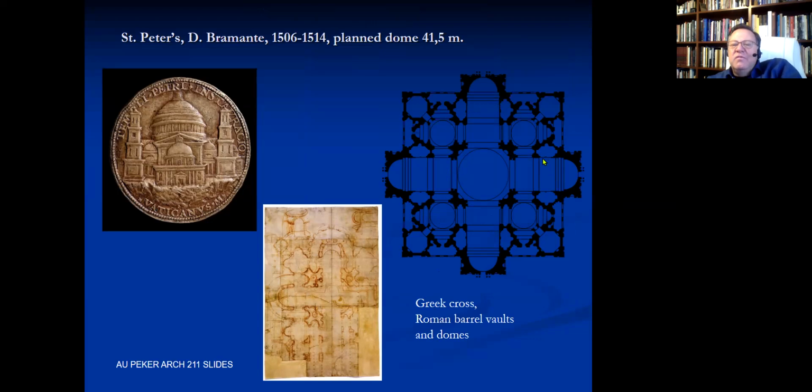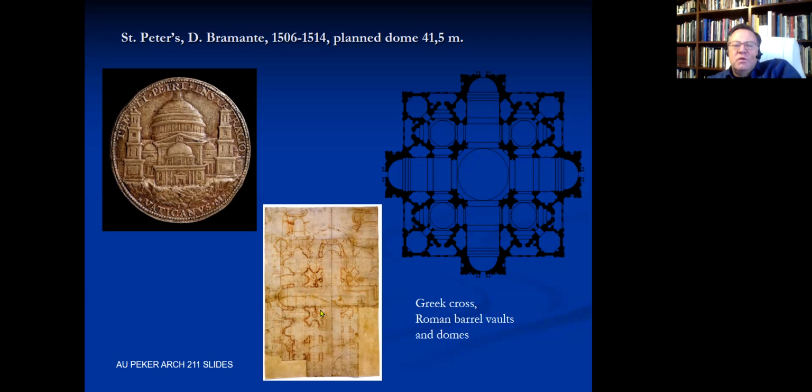One contains the apse, which is not drawn here. It must be somewhere. Here it is, you see, I suppose. This is the apse. Greek cross is actually the main design concept here. Greek cross.